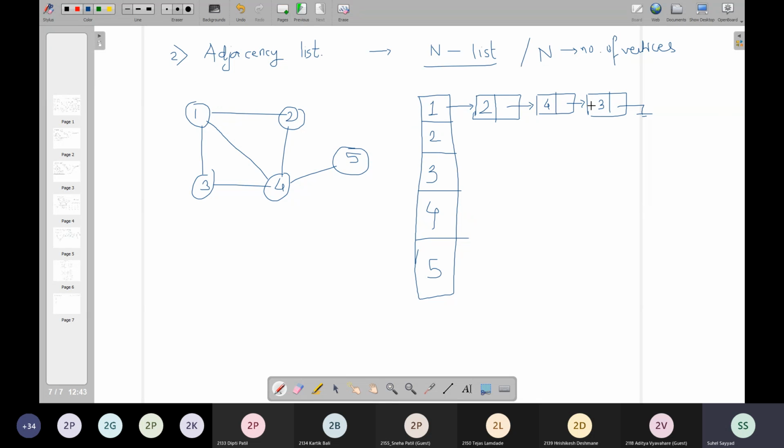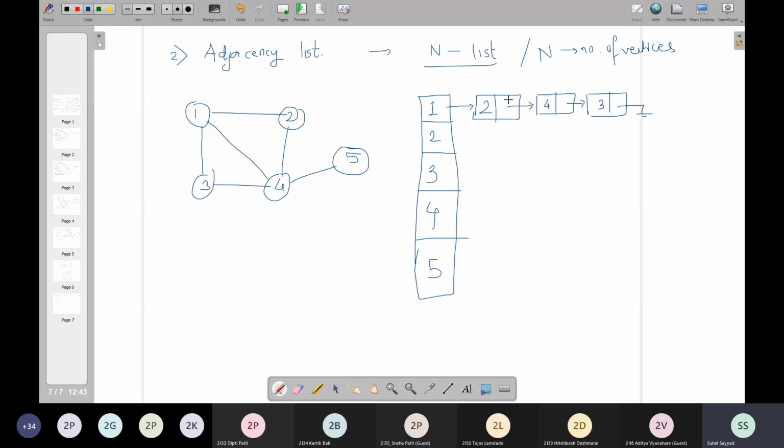What is this linked list indicating? It is indicating the adjacent vertices of 1: 2, 4 and 3. So I am storing 2, 4, 3 here. One can store 3, 4 and 2 also, or someone can write 4, 2, 3.